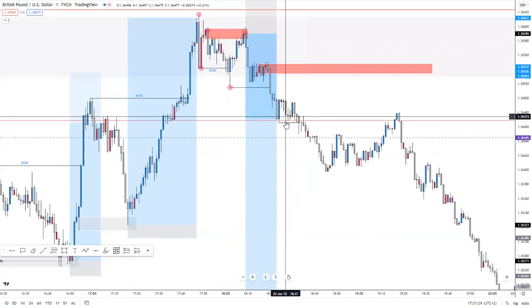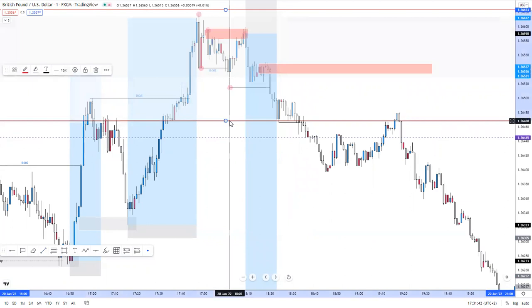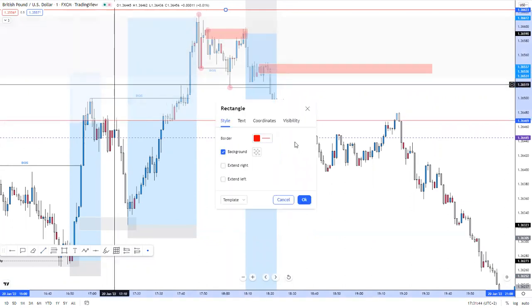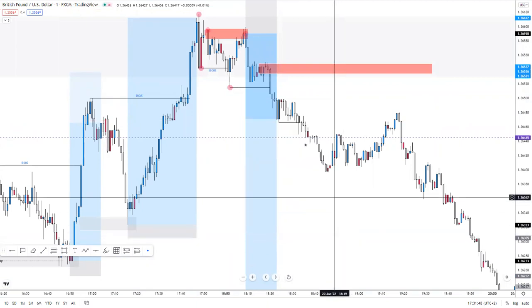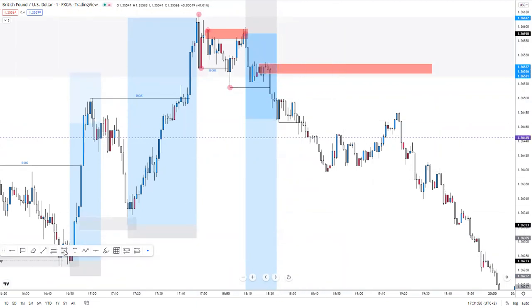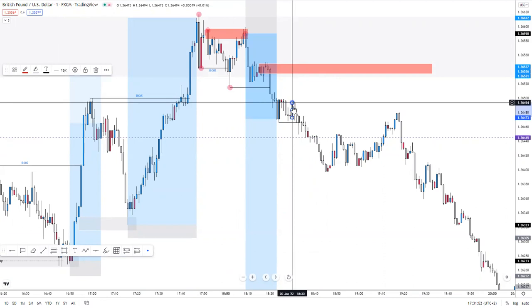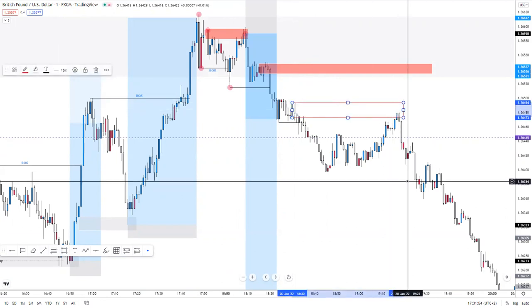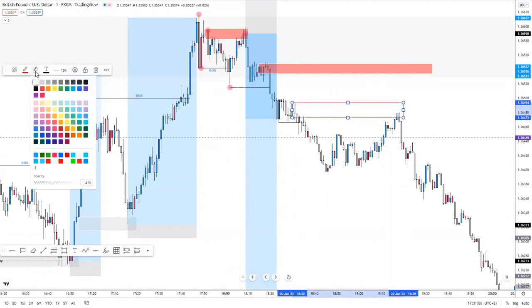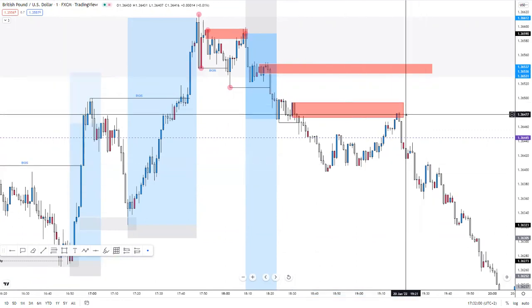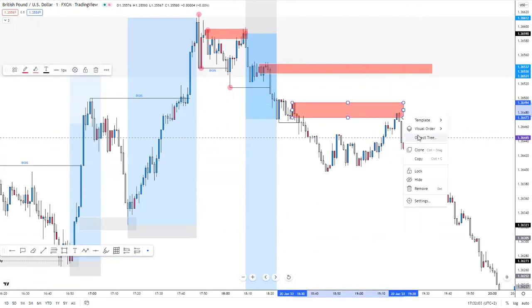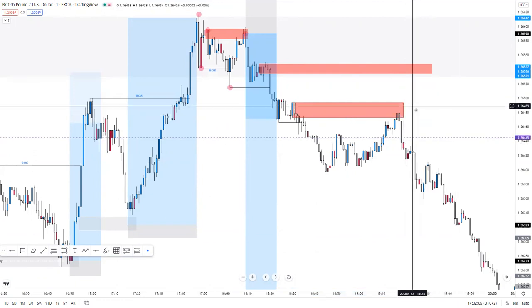Once it breaks structure again, let me delete that distribution or make it visible on higher time frames and not this time frame. Break structure again, we mark up our supply zone, which is beautifully tapped into, because we're selling it. So we've already got one position running.